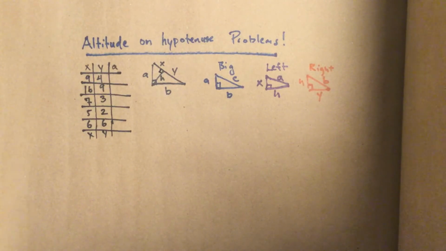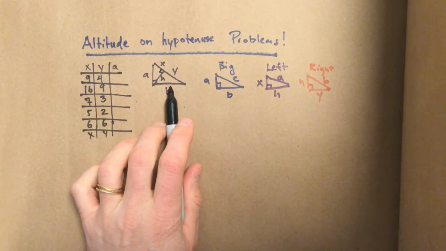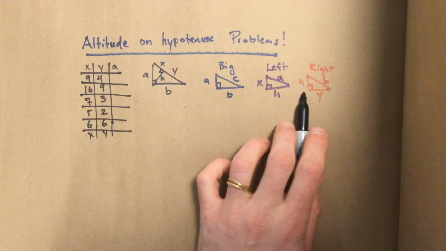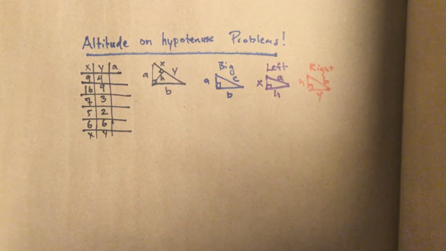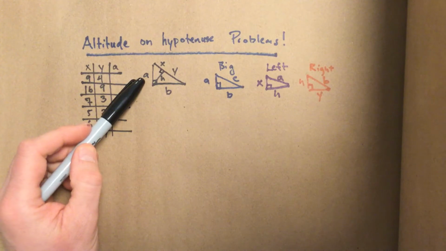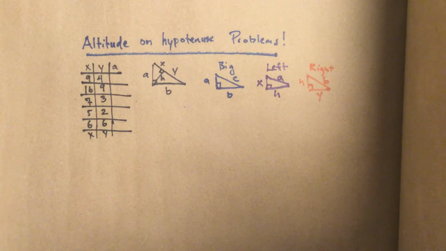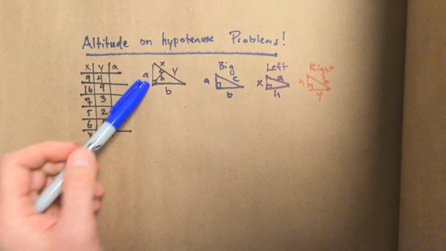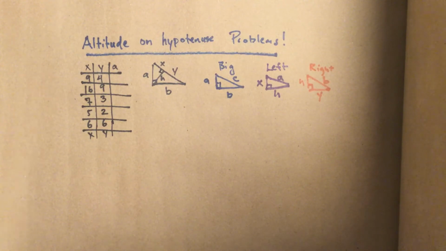I've taken our right side triangle and reflected it as well so that y is now a leg, h is a leg, and b is our new hypotenuse. So our job right now is to use similar triangles to find a, this value, using only x and y. We're given our x values and our y values, and all we have are x and y.